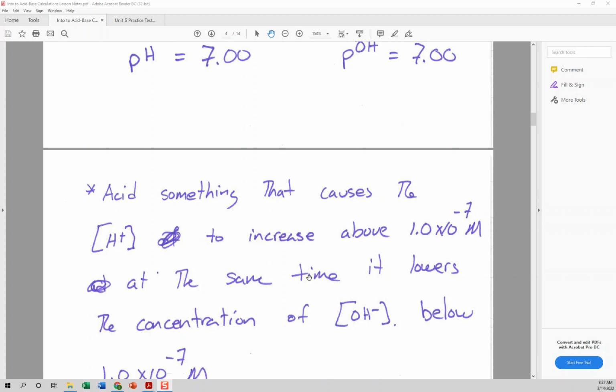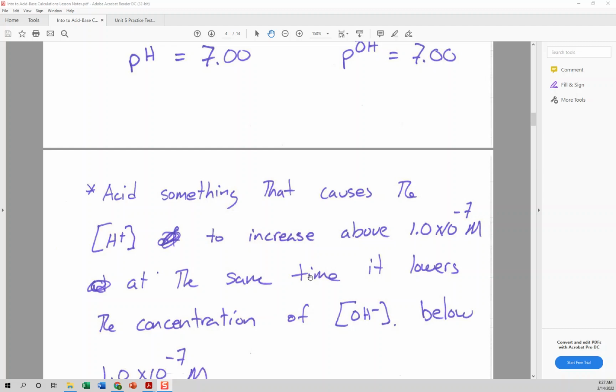Or is it not going to affect the amount of H plus or OH minus, right? If it's something that I add to water that doesn't affect the amount of H plus or OH minus in solution, then that substance is going to be neutral, okay? But if what I add to water increases the amount of H plus, that's going to be an acid. If what I add to water increases the amount of OH minus, that's going to be a base.